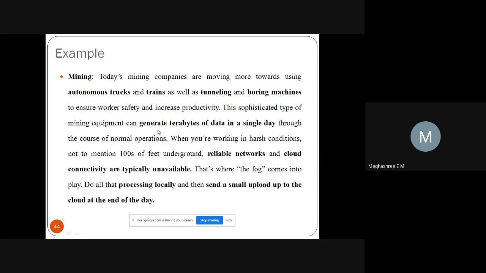This process may generate terabytes of data in a single day. A huge amount of data will be generated because a number of operations are involved in mining companies.